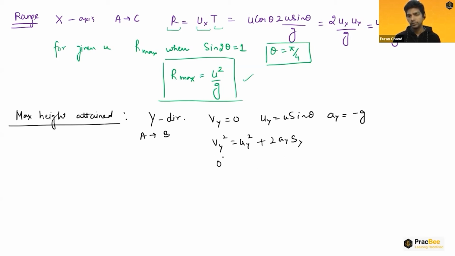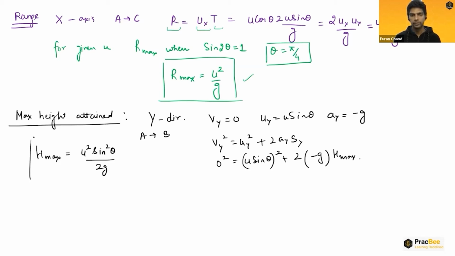Now this Vy is 0, uy is u sin theta, square of that, plus 2 times ay, which is minus g, times Sy, which is your h max. So from this, your h max comes out to be u square sin square theta by 2g. Got it?